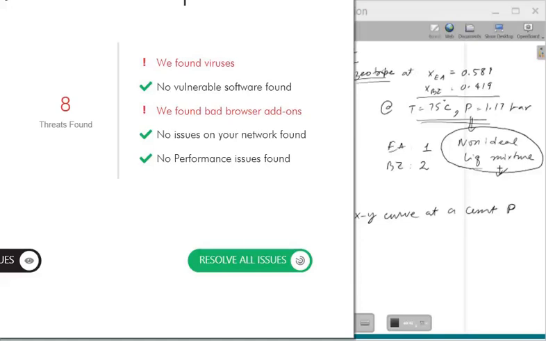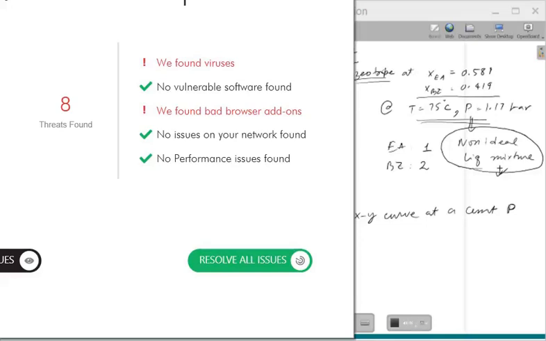Non-ideality is a factor that compares interactions between pairs, as compared to their pure state molecular interactions. If the molecular interactions change as you mix them, then there is a non-ideality.